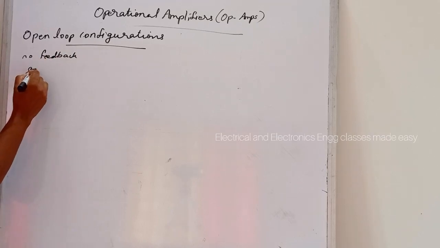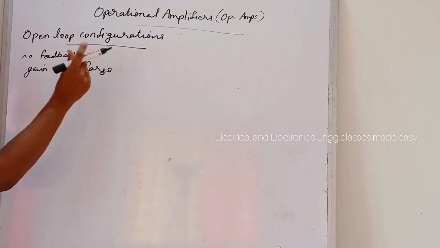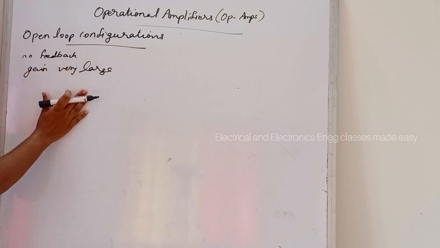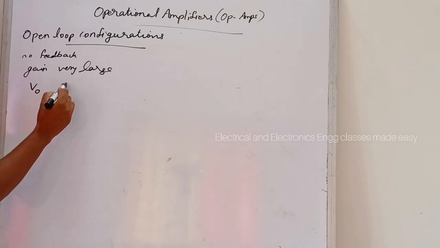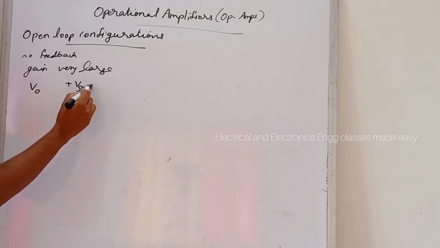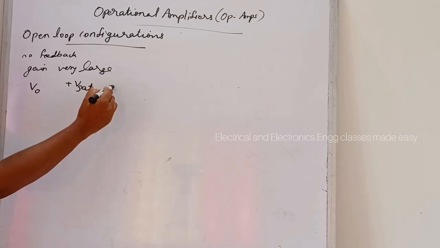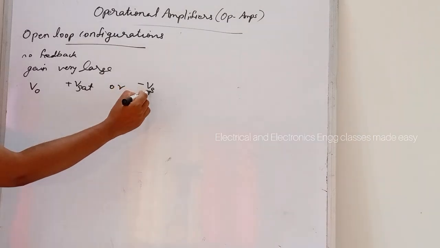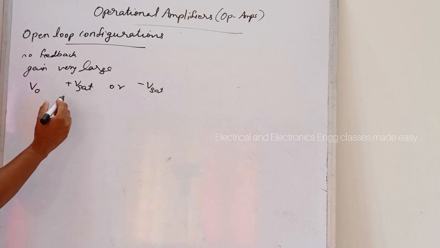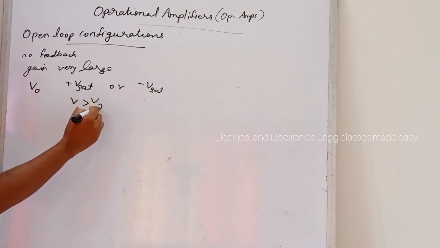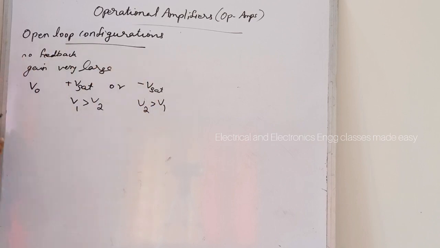Since the gain is very large in an open loop condition, the output voltage V0 is either at its positive saturation voltage plus Vsat or negative saturation voltage minus Vsat, as V1 is greater than V2 or V2 is greater than V1 respectively.